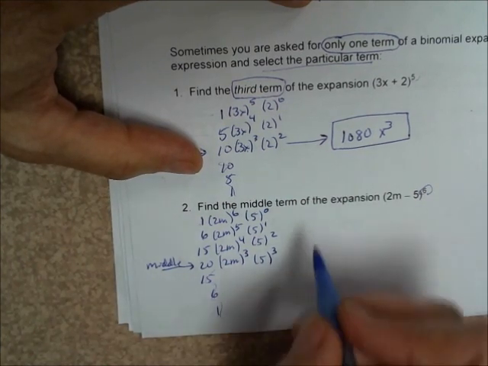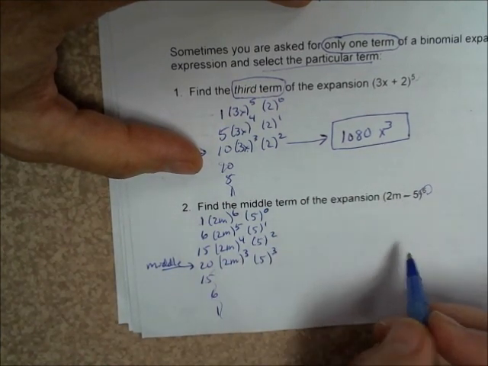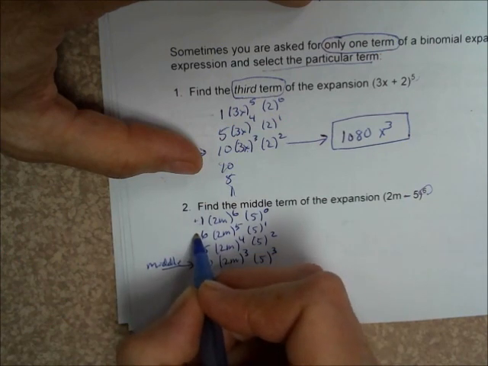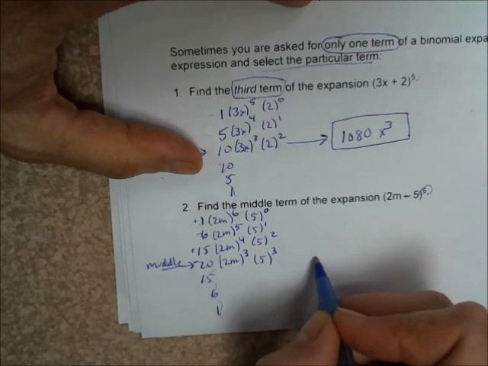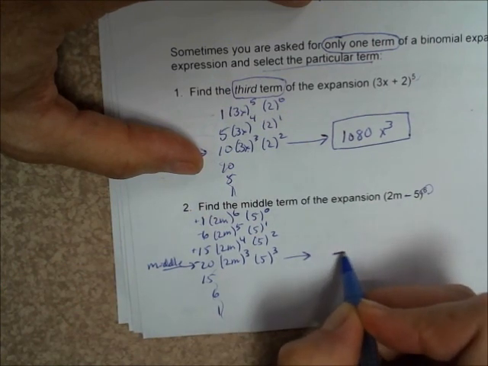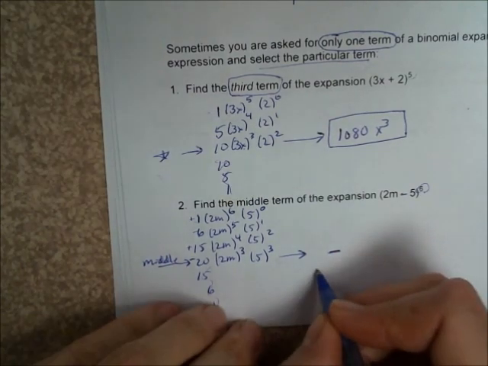And now we have to pay attention because this is a subtraction binomial. So this one is plus, minus, plus. Oh, this middle term is negative. So we have to make sure we write the negative out in front. It's a negative term. We'll write that negative.